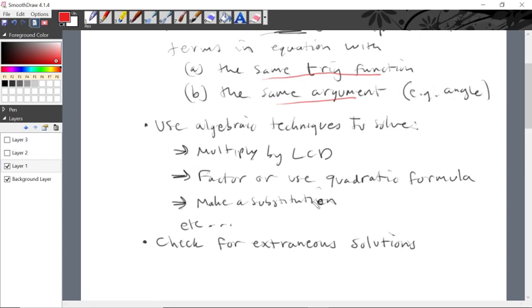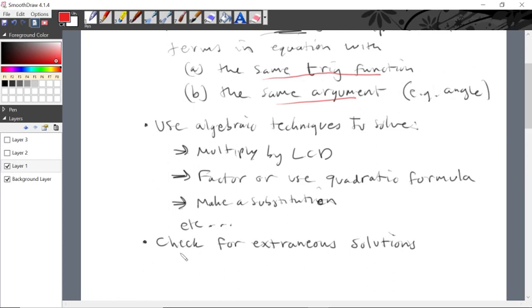Or we might make a substitution. We'll take a look at where this might be the case. This might work, for instance, where we could use factoring or the quadratic formula, or it could be used in order to change the arguments or the appearance of the arguments. I'll show you an example of each here in this section.